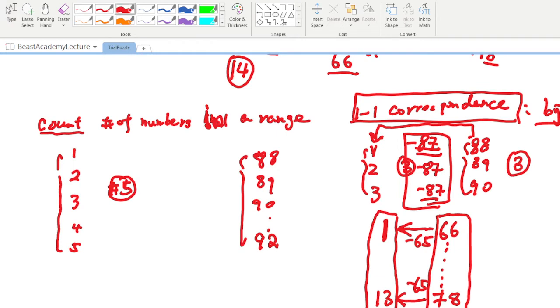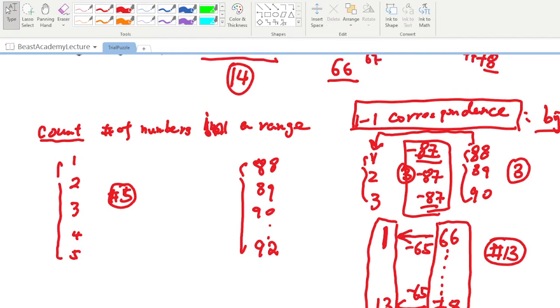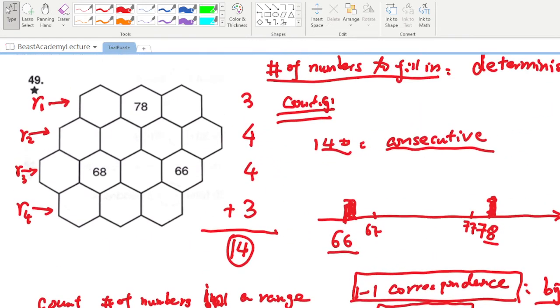That's hard to count directly, but here it's 13. Yes, we have 13 numbers from 66 to 78, right?